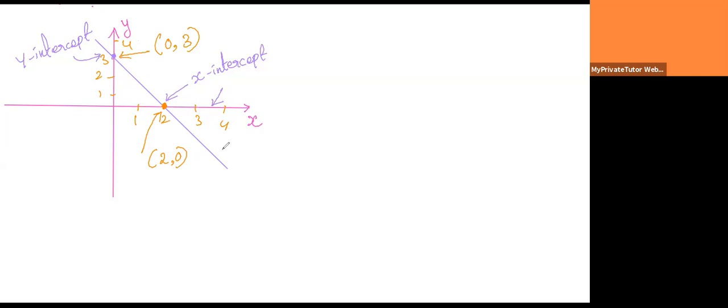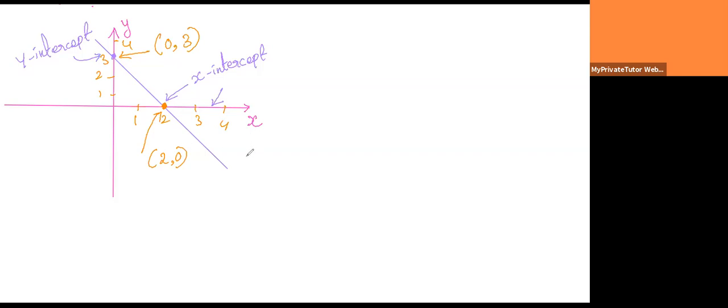What you understand from this point is, in x-intercepts, the y value is always 0. So we have written the x-intercept as 2, 0. So x value is 2, y value is 0. So the other way of explaining the x-intercept is y equals 0.